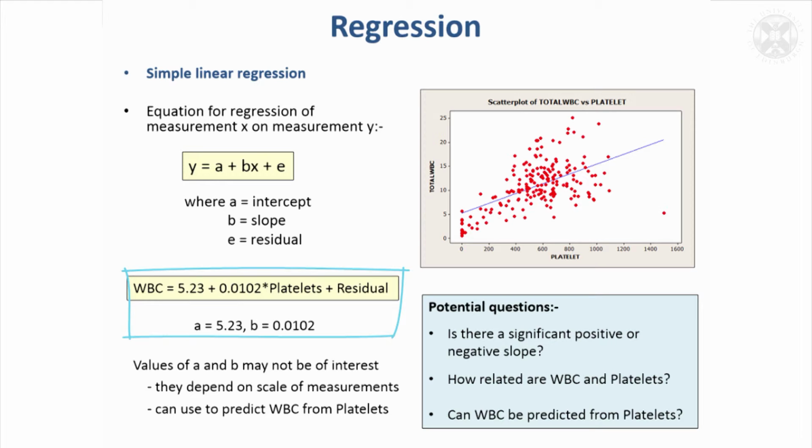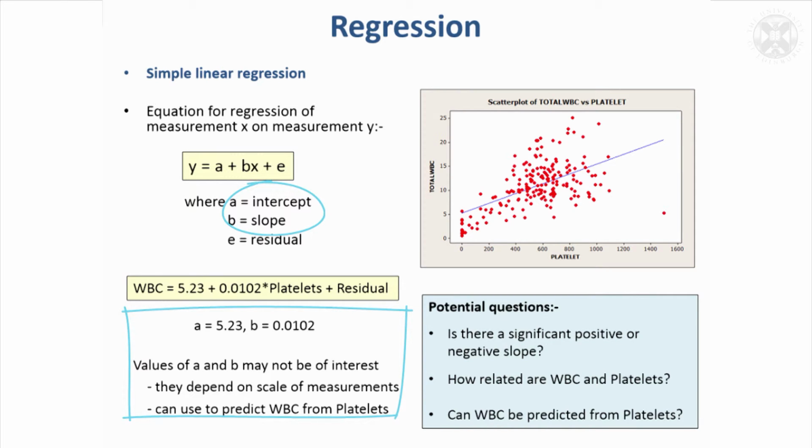So that sort of forms the equation, the regression equation, to predict white blood cell count from platelets. Usually the values of A and B, that's called the intercept, and the slope, are not of particular interest though. But we could, if we wanted to, use this to predict white blood cell count from platelets.